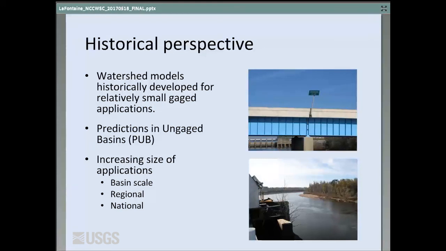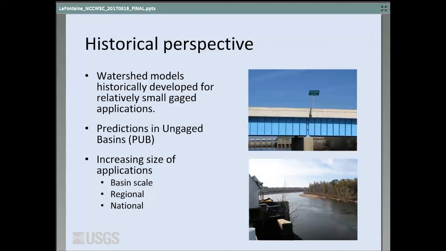And I think that's one of the challenges in developing these larger models, is now that you have this huge framework, this huge amount of modeling units, you have streamflow information at certain places, but you may not have it at others, and how do you develop your model to be consistent?